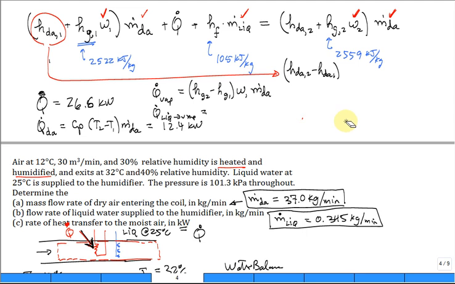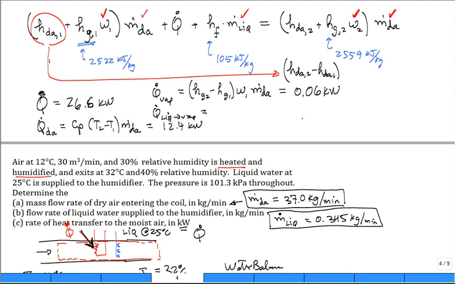And when you calculate this, it didn't take a whole lot of energy to heat up the vapor that came into the system. It took 0.06 kilowatts. There's a lot of energy that went into helping the liquid water, which was sprayed into the system, become vapor.